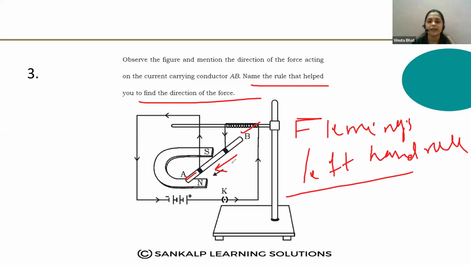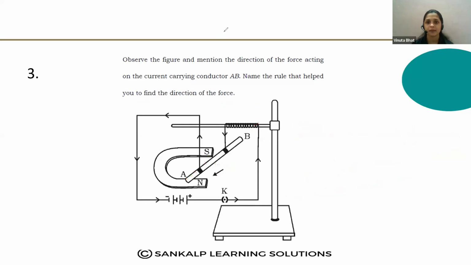Here you know the direction of the current. Then in what direction does the current carrying conductor experience the force? So in this direction, that is the left direction, where it is experiencing the force.